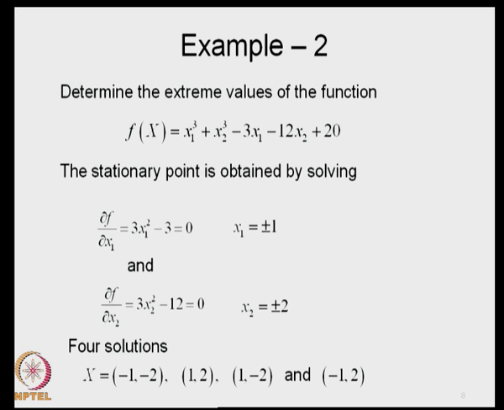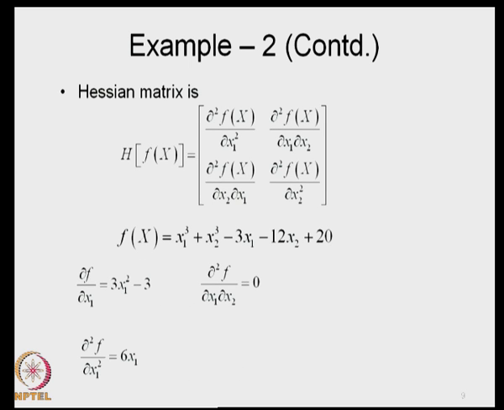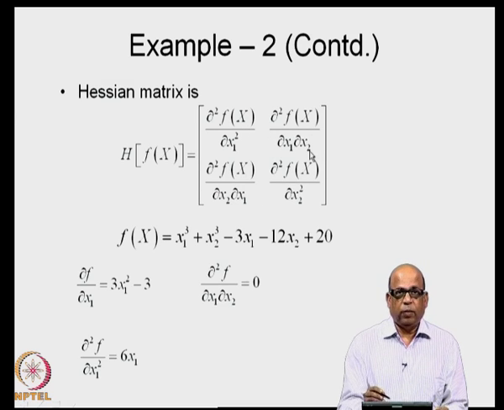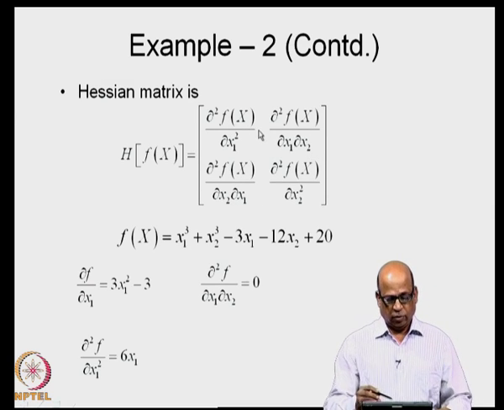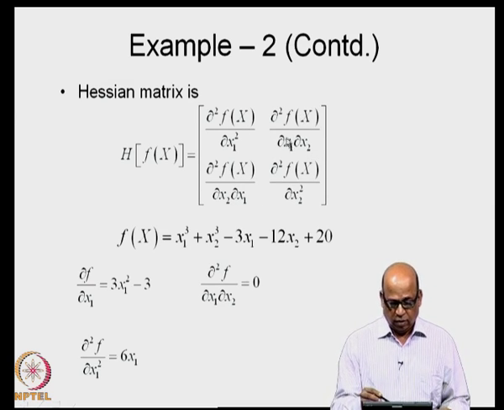To do that, we formulate the Hessian matrix, evaluate the Hessian matrix at each of these stationary points, and then examine for each of these stationary points whether the Hessian matrix is positive definite or negative definite or neither. So, let us go to the Hessian matrix now. There are two variables here, therefore, d square f by dx1 square, d square f by dx1 dx2, d square f by dx2 dx1 and so on.